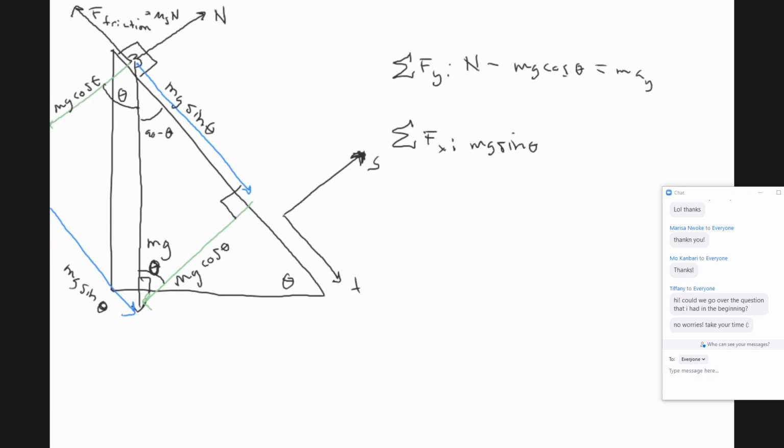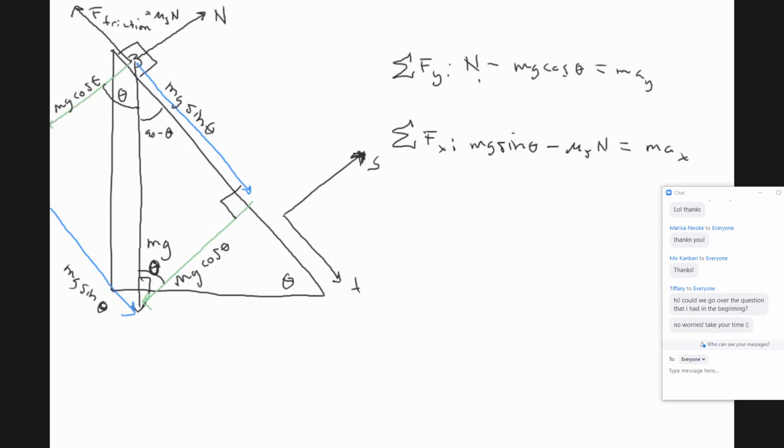So going right would be mg sine of theta minus the friction force, which is mu s times normal force, set equal to ma, right? Newton's second law.